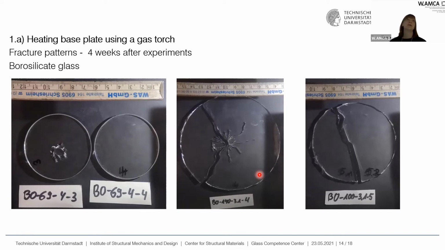That's a typical aspect in glass. So this specimen, for example, broke a long time after the experiments. That's why it's also important to look at the residual stresses which remain in the product after printing, to prevent a fracture after installing.